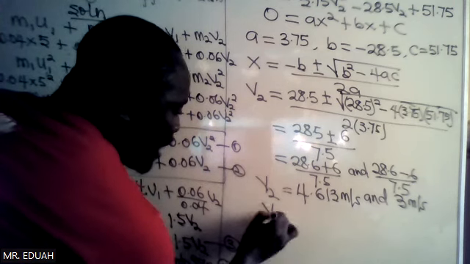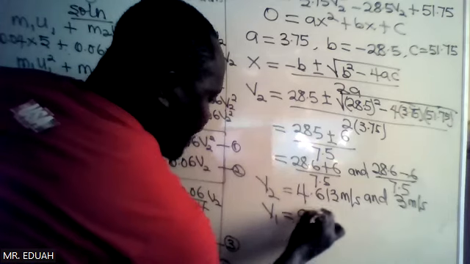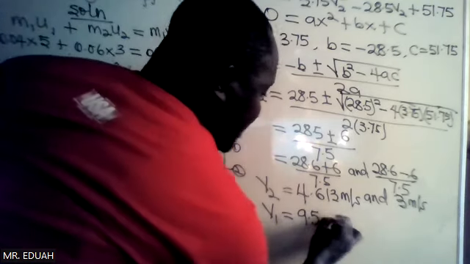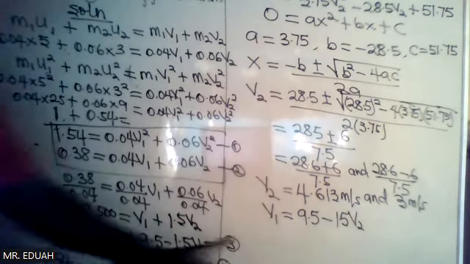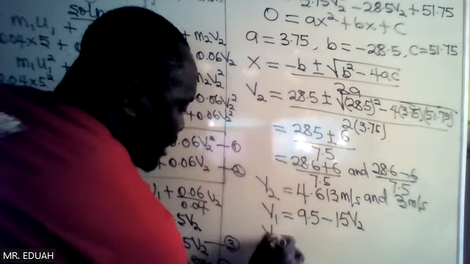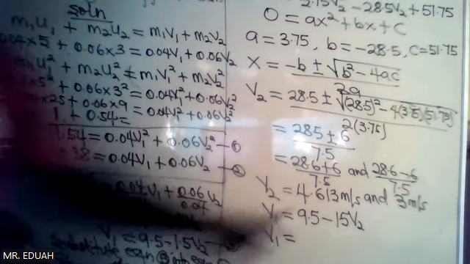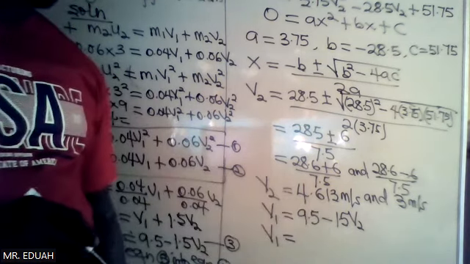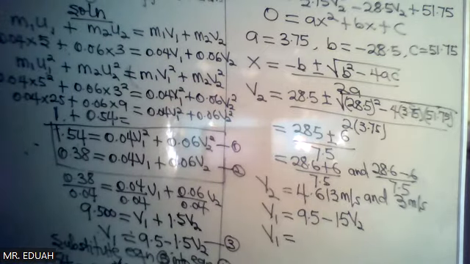So because V1 is equal to 9.5 minus 1.5 V2, we can easily use this to find the two possible answers for V1. So what's the first answer? When you substitute the first value, 4.613, somebody should also substitute the second one to give me the second value for V1. Let's hurry up.